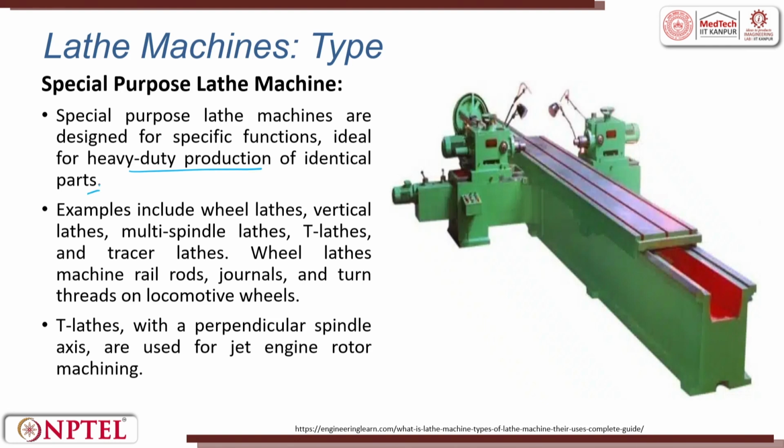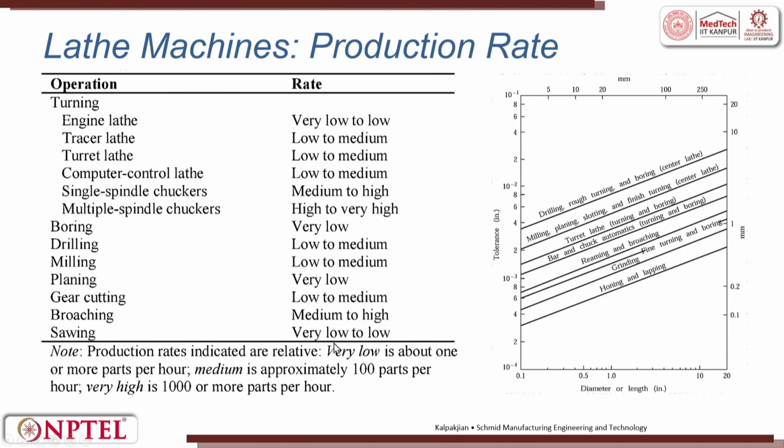They are used for making wheel lathes, vertical lathes, multi-spindle lathes, T-lathes, and tracer lathes. Wheel lathes are used for machining rail rods, journals and turning threads, etc. The T-lathes with a perpendicular spindle axis are used for making jet engine rotary machine parts.